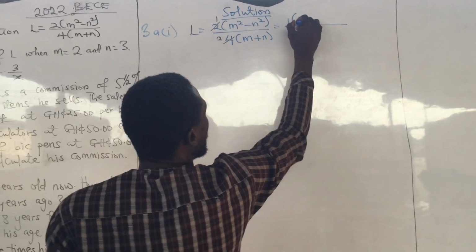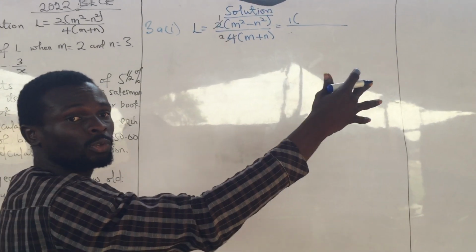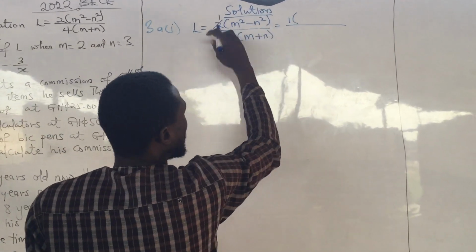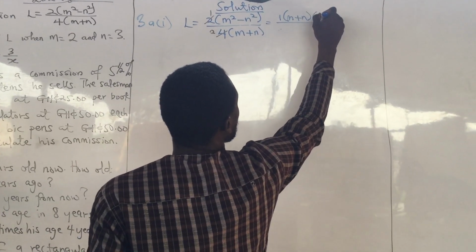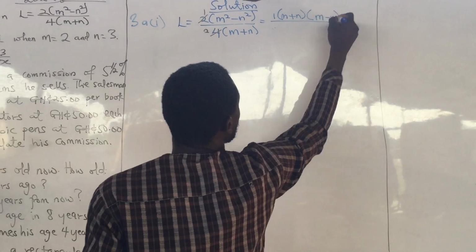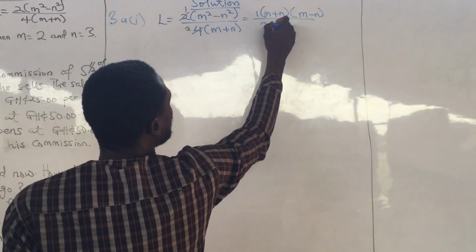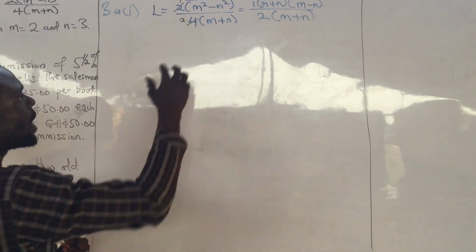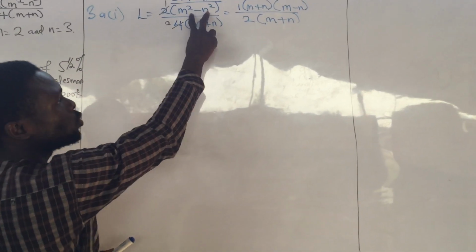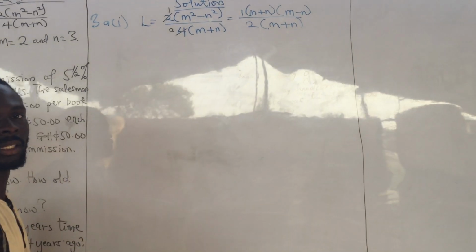Then we expand the difference of 2 squares. This expanding is going to give you m plus n bracket of m minus n all over 2 brackets of m plus n. So we've expanded the difference of 2 squares, and that has given us this.